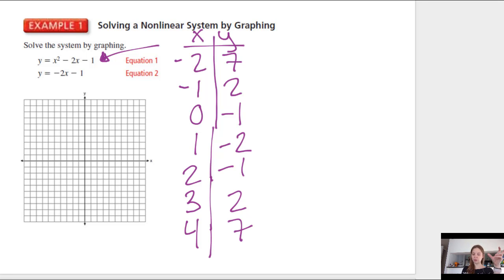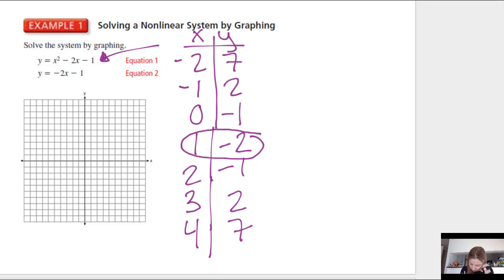When I was going through the table, I looked for the vertex. Here's the vertex. It actually appears in the table. And then I just wanted to mirror points on either side of the vertex that fit in this graph. This graph goes from 10 to -10, so this is how I chose the points that I'm going to focus on.